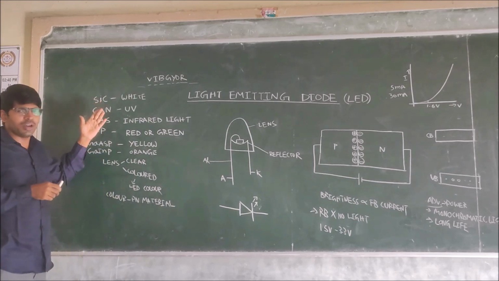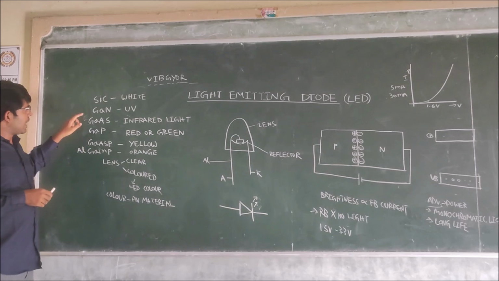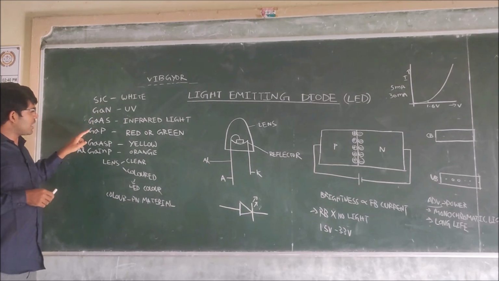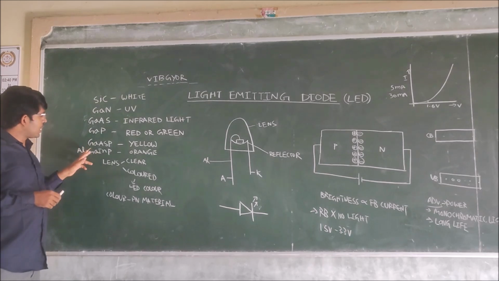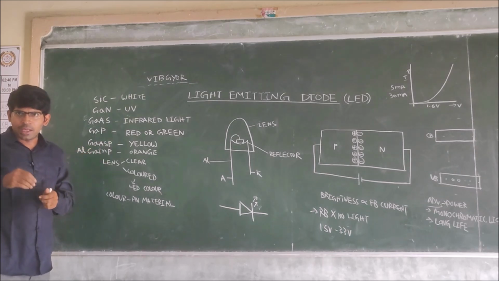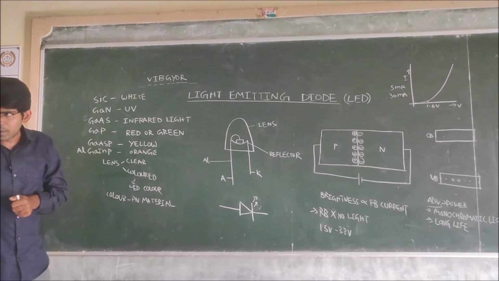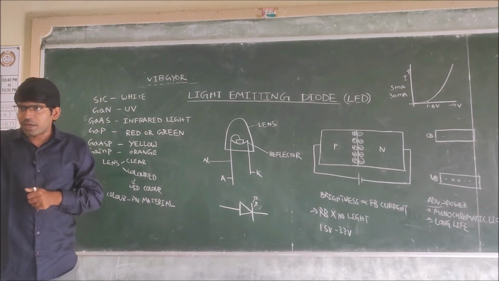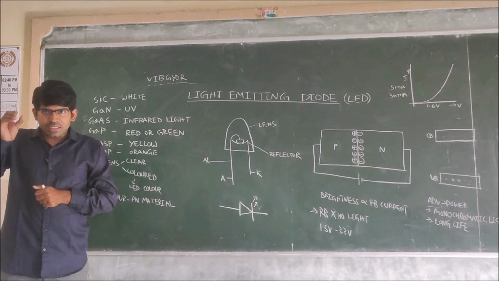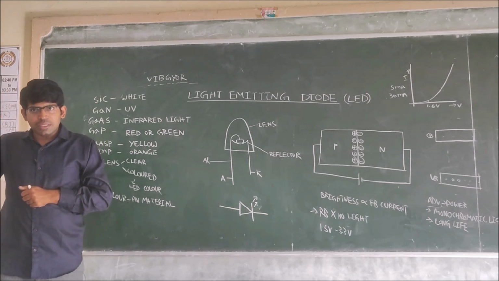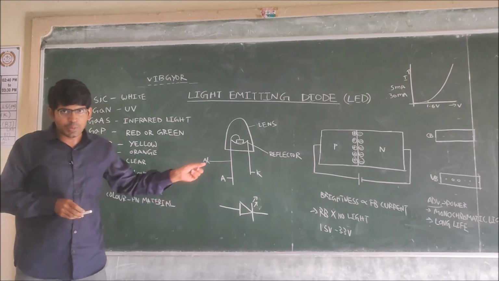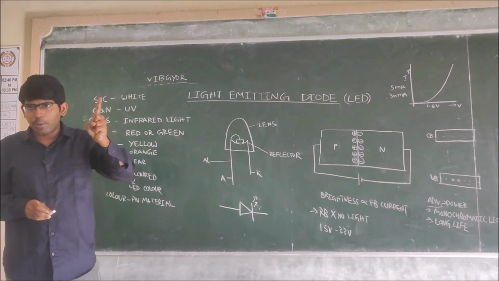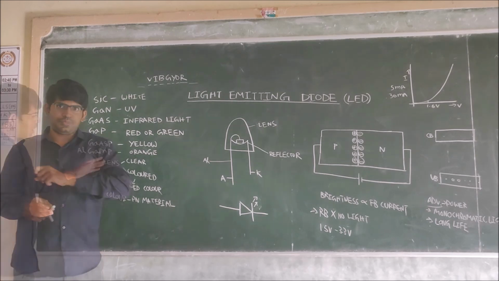Here we have different types: gallium nitride, gallium arsenide, gallium phosphide, gallium arsenide phosphide, and aluminum gallium indium phosphide. When we make a PN junction diode using these compound semiconductors, that PN junction diode is capable of emitting the light.